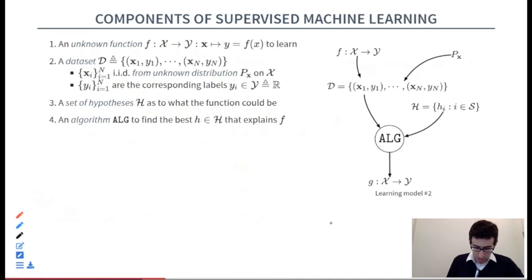And the key assumption that we're going to make is that the examples or the feature vectors or the data points, I'm going to use all these terms as synonyms, these feature vectors are actually the realizations of random variables that are drawn IID, meaning independent, identically distributed, according to an unknown distribution Px.